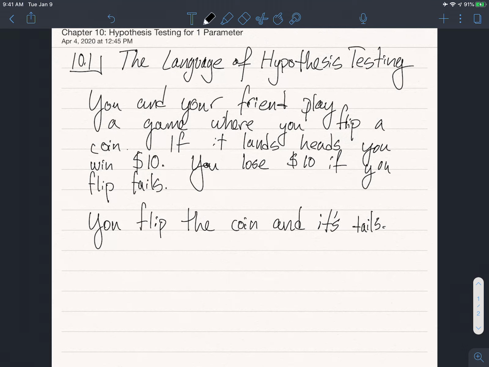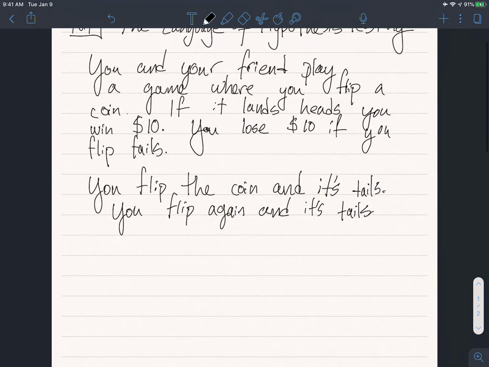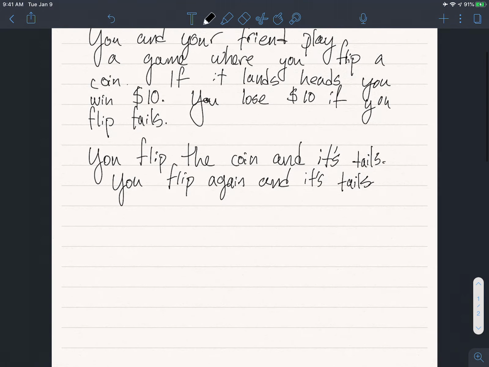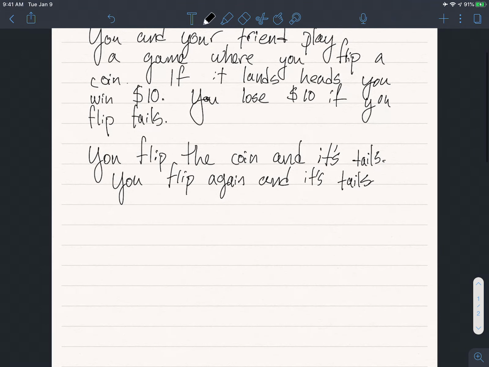Then you say, okay, let's play again. You flip again, and it's tails. All right, so now you're out $20, and you're starting to get a little frustrated. You say, let's go again. Third flip, also tails.